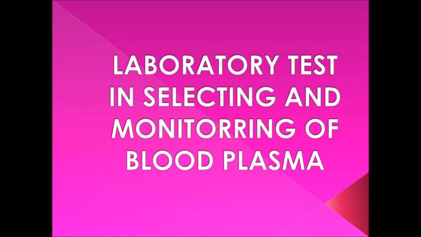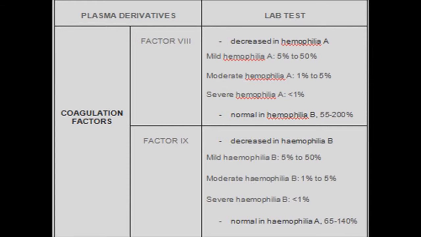Next, we move to the laboratory tests in selecting and monitoring of blood plasma. For coagulation factors, factor 8, when the lab test is done, if it decreases, it indicates hemophilia A: mild hemophilia A is 5% to 50%, moderate hemophilia A is 1% to 5%, severe hemophilia A is less than 1%.